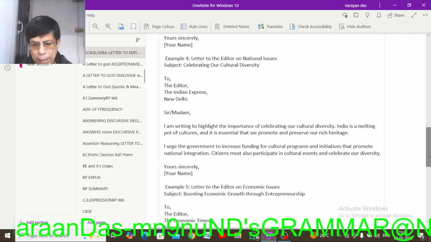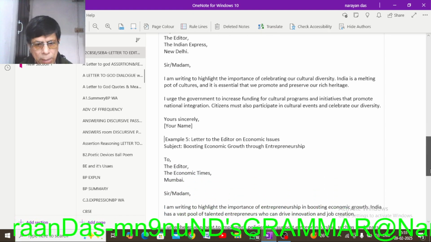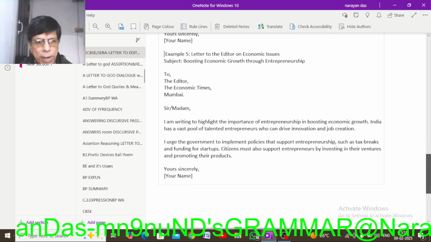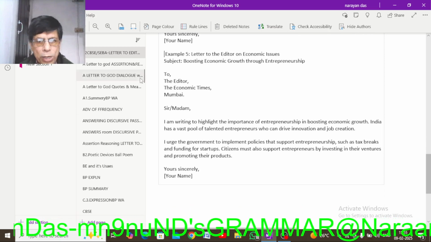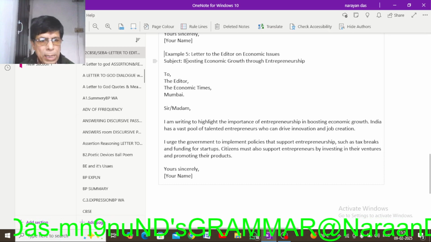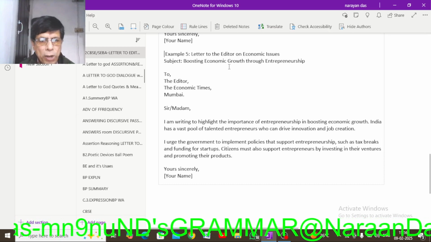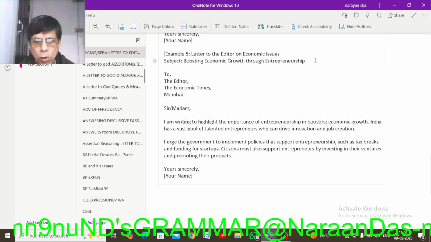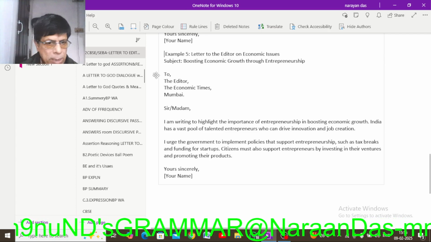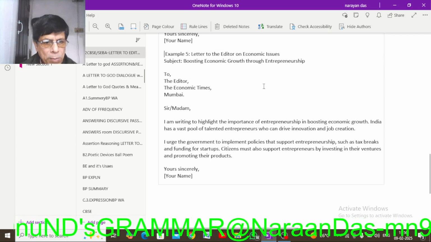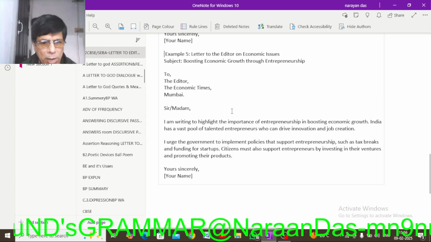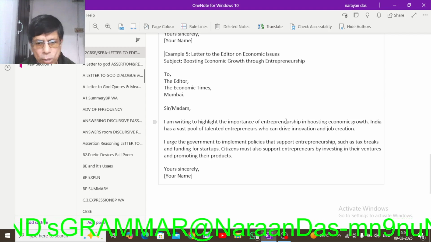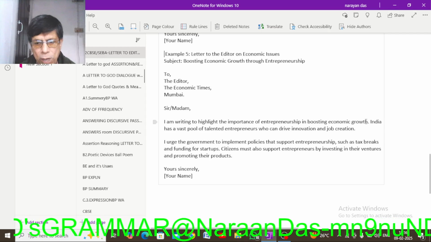Then sample example number 5. Letter to the editor on economic issues. Subject: boosting economic growth through entrepreneurship. The Editor, Economic Times, Mumbai, Sir, Madam. I am writing to highlight the importance of entrepreneurship in boosting economic growth.